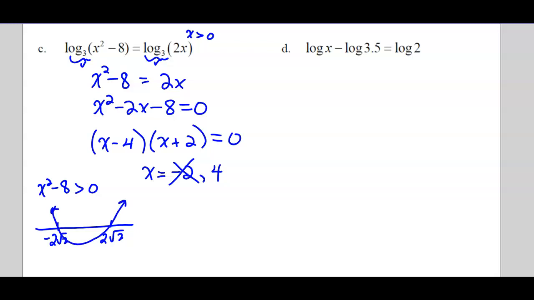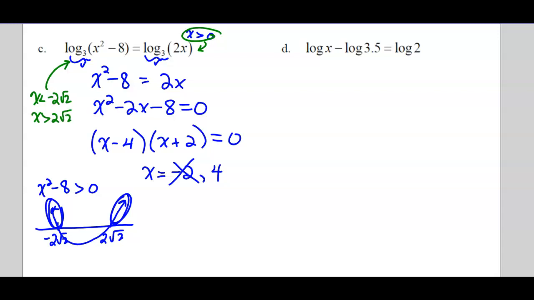So when is it positive? For these values and these values, right? For x. So that, and we'll do it in green. So that's x less than negative 2 root 2 or x greater than 2 root 2.